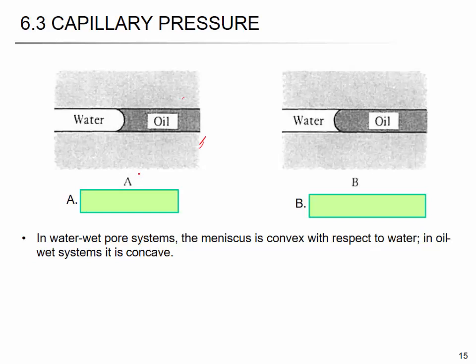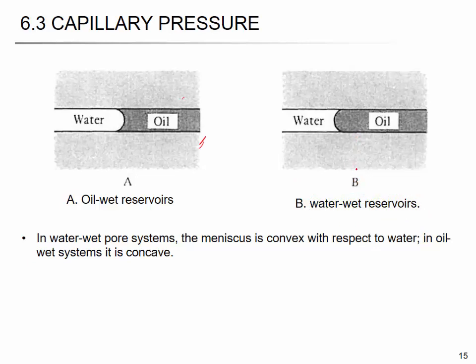Is oil covering more surface or is water covering more surface? Oil, right? So A is the oil wet condition, and B is the water wet condition, right? It's very obvious.